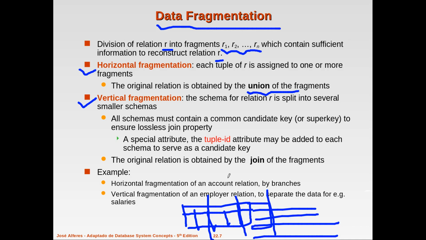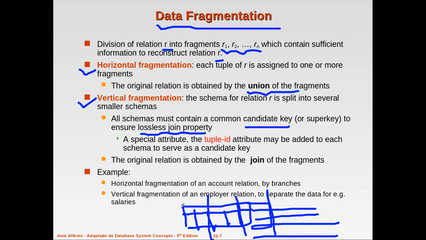While doing this type of fragmentation, every fragment should have a key, a candidate key, a primary key or a super key, to ensure the lossless join property, because we need to join these fragments again to get the final relation.